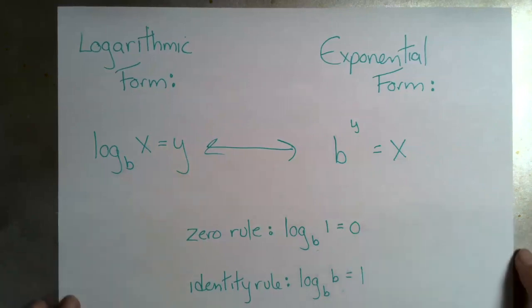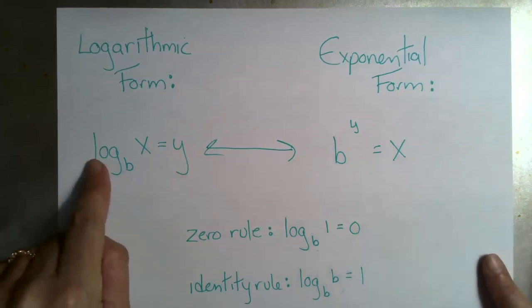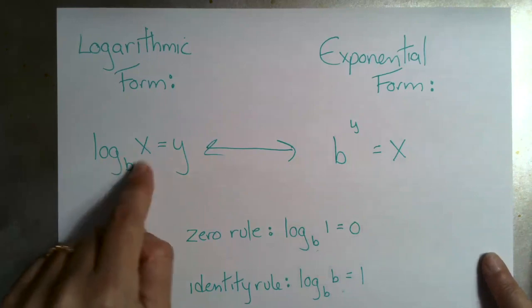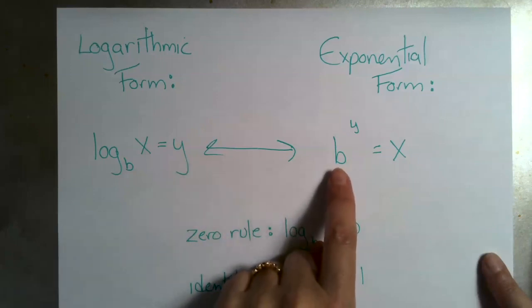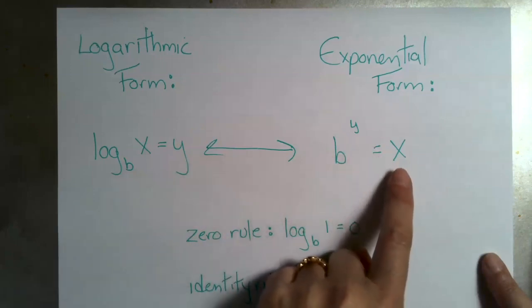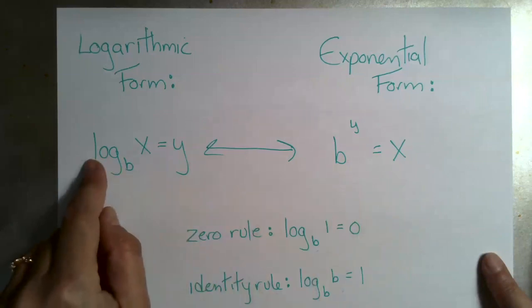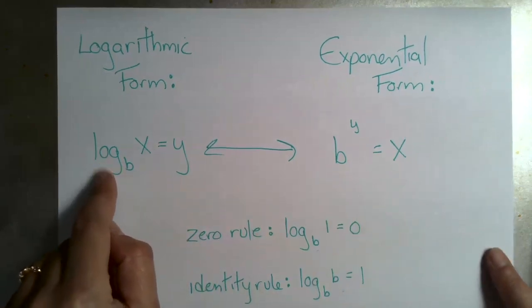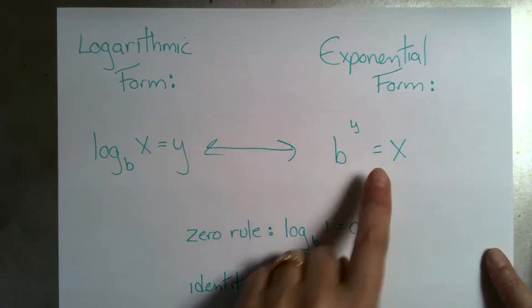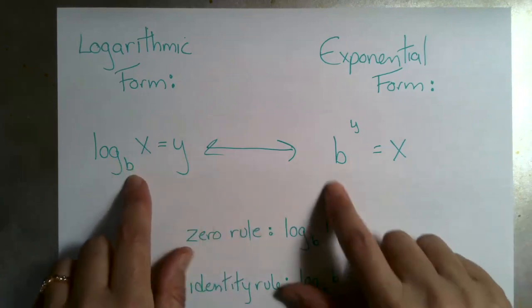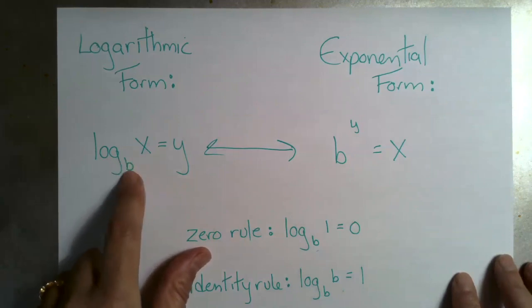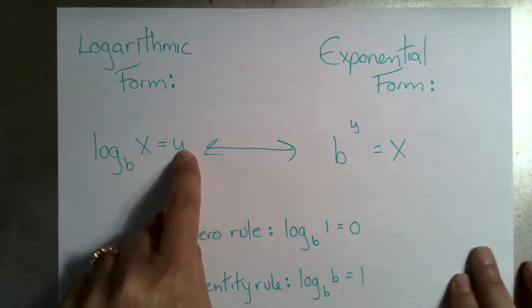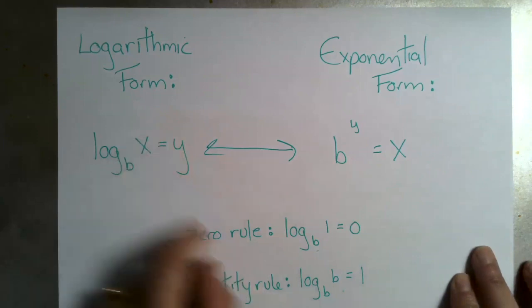So again, let's look at how these go together. The way you say this, log base b of x equals y. The way you say this one, b to the y equals x. And here's how they interact. To get from logarithmic form to exponential form, the b is your base, so log base b, b to the y equals x.